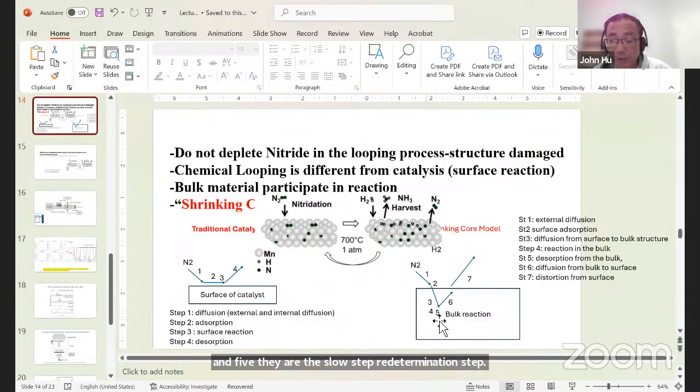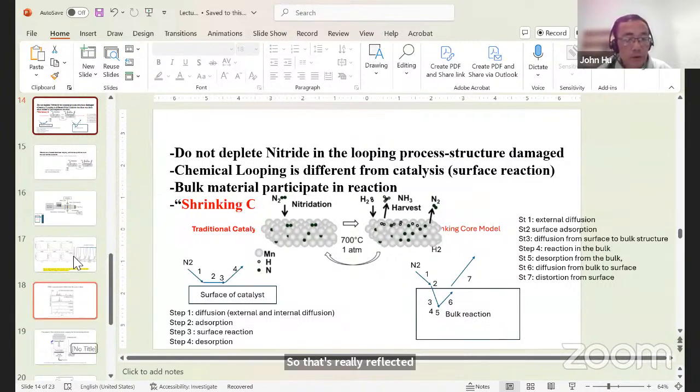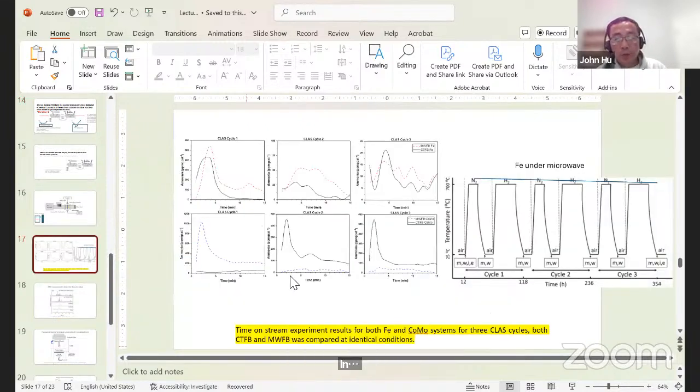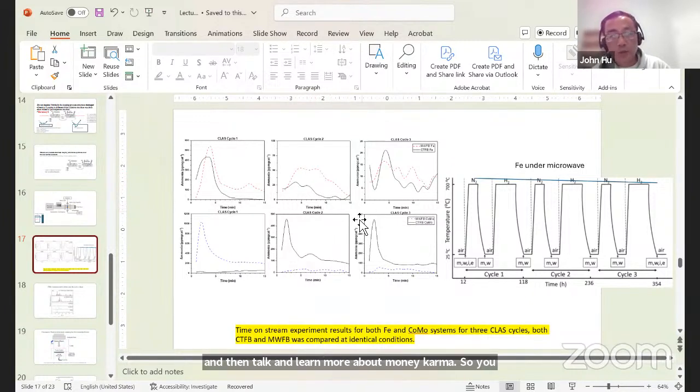So steps 4 and 5 may change because of structure collapse, and that's really reflected here. So you have more peaks. The first one is easy, for ammonia to come out. And here, the ammonia comes out and then drops, and then more ammonia comes out. So you have 2 peaks. That's all related to this shrinking core model diffusion. Very good question.